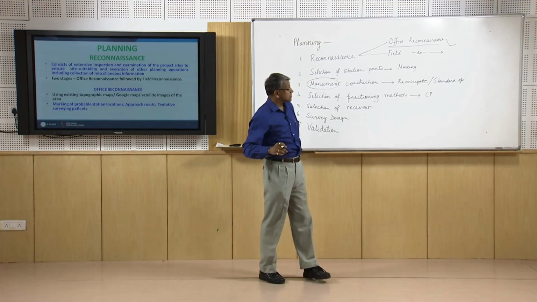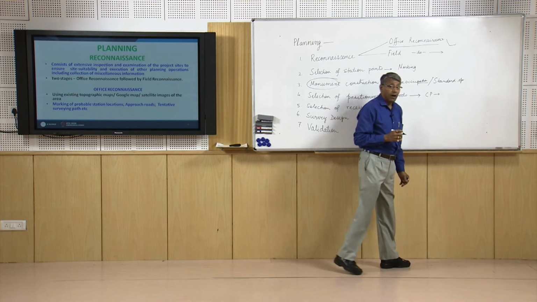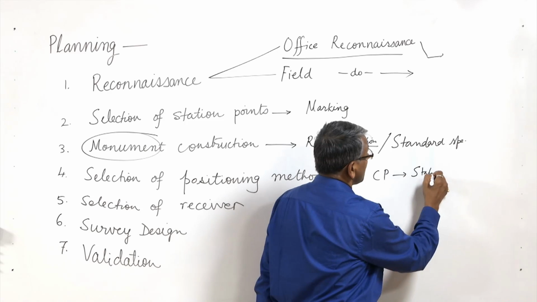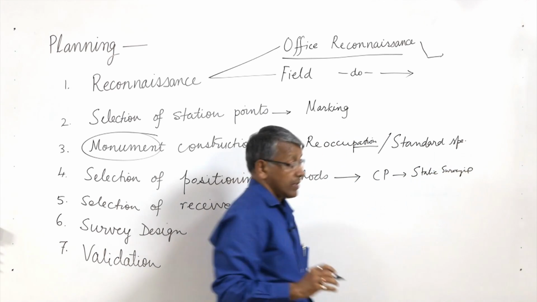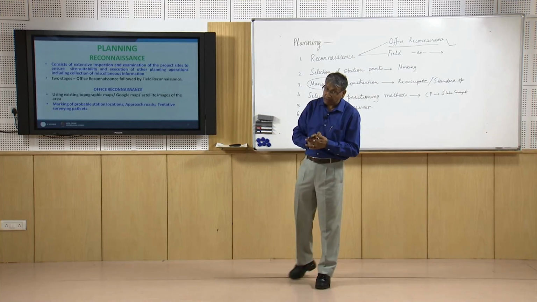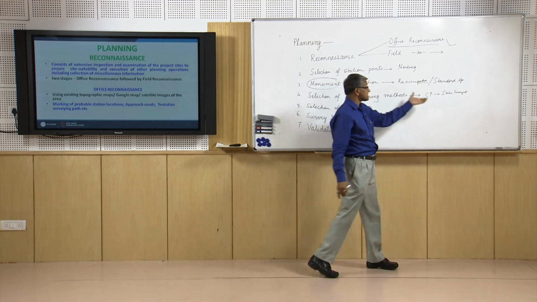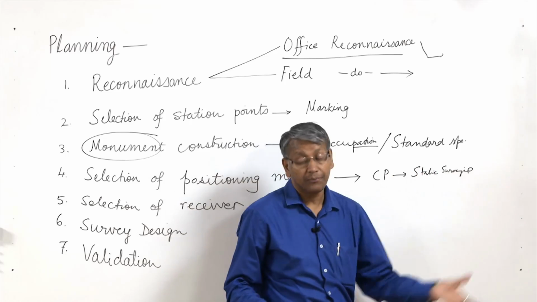If we want to establish control points, depending upon the order of the control point, we should go for static surveying, relative static, if control points are already available. But if control points are not available, then we should go for autonomous static control point establishment, and in that case we have to go for longer observation duration.